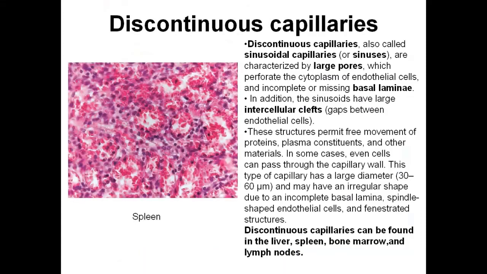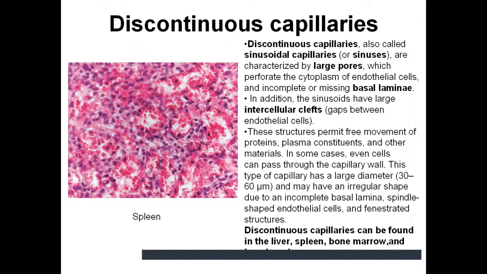This is an illustration of discontinuous capillaries, sinusoidal capillaries in the spleen. And you can see these relatively large spaces here. Here are the splenic cells. You can see their purple nuclei very easily. But on the inside here are lots of red blood cells. And these are discontinuous capillaries in the spleen.